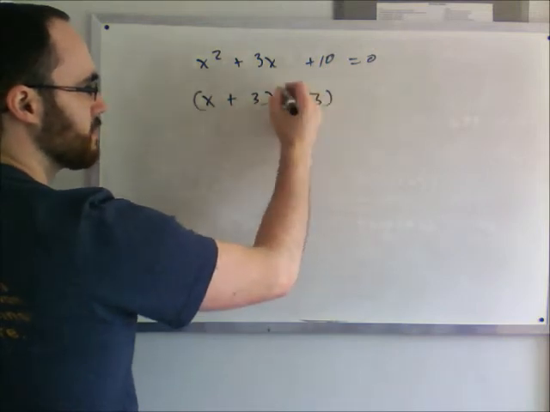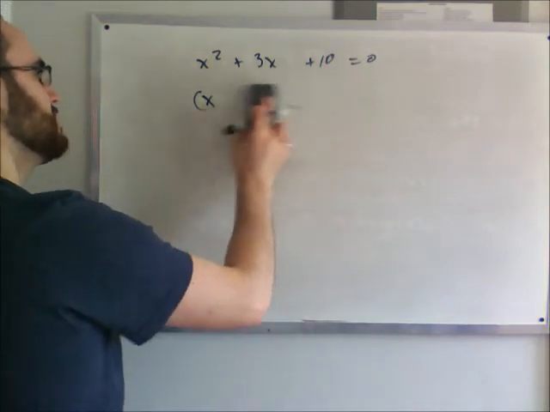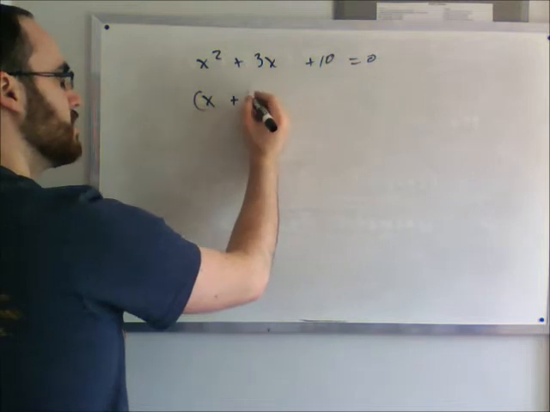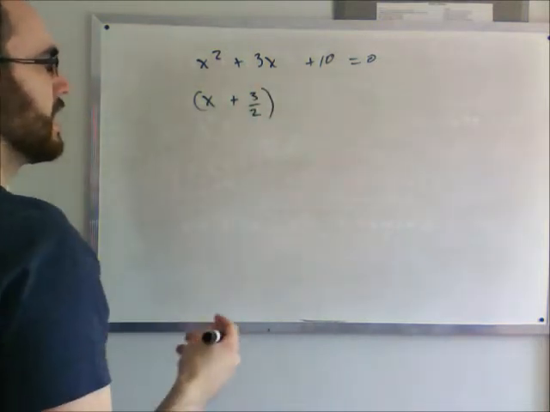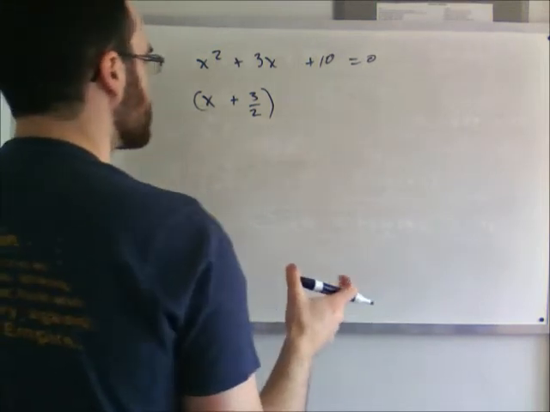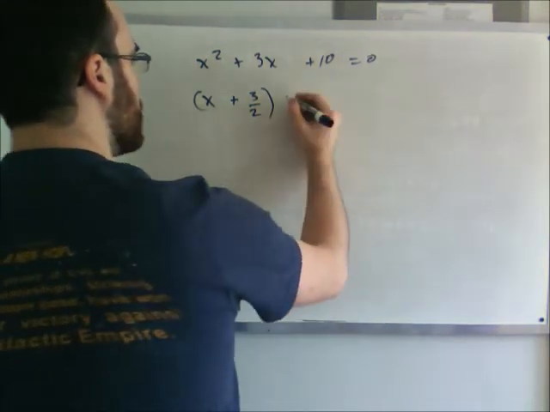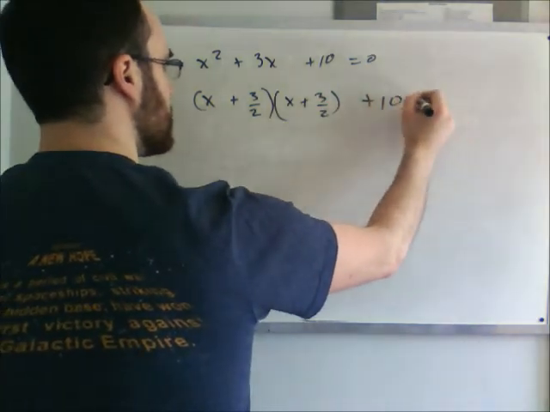is not going to work because we're going to be left with 6x, not 3x. So what we have to do is the coefficient is always plus 3 over 2 there. I'll show you why that is. I'm just double checking to see that I'm right. Yes, I am. So x plus 3 over 2, plus 10 equals 0.